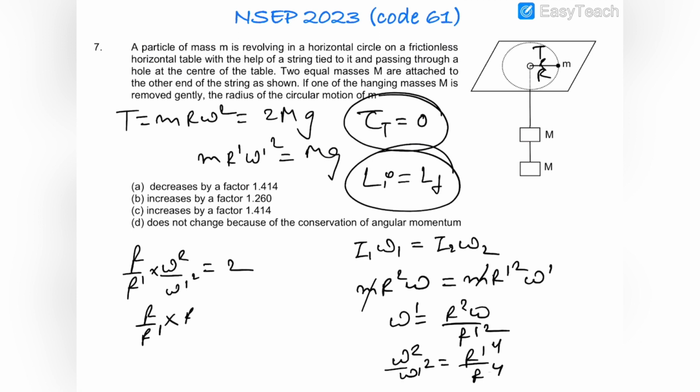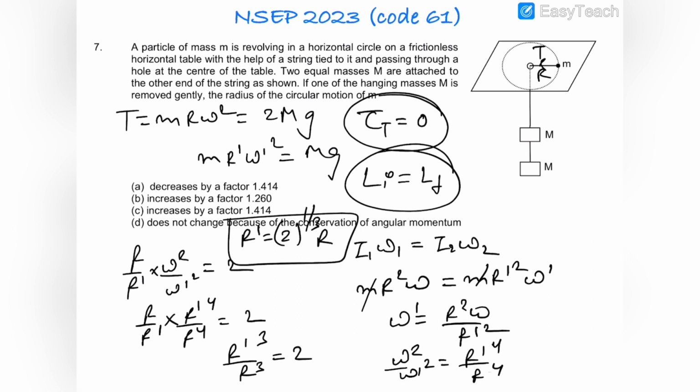So this is r dash cube upon r cube is equal to 2, and therefore r dash will be equal to 2 to the power 1 by 3 into r. So we can see that the correct answer would be option B, and obviously angular momentum is conserved, but the radius would be changed by a factor of 2 to the power 1 by 3.